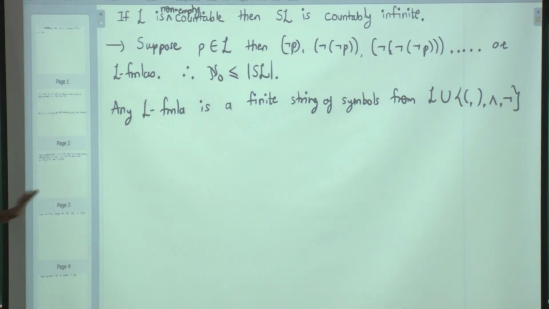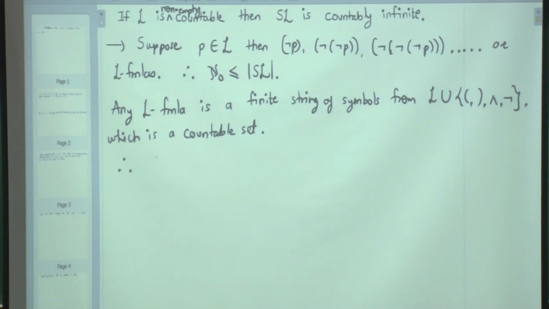So if L is countable, then what can you say about this set? That is also countable. Therefore, SL is contained inside the set of finite strings with countable alphabet.